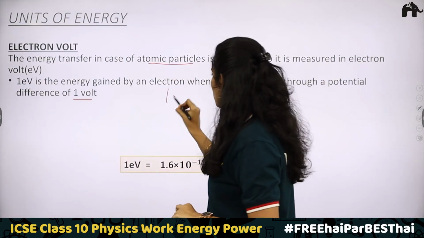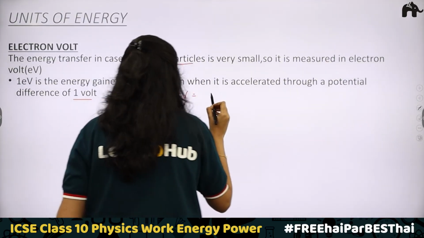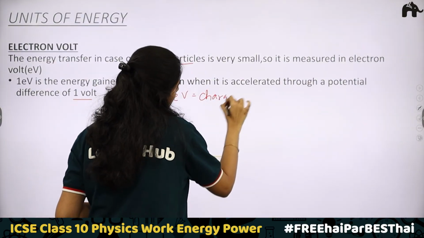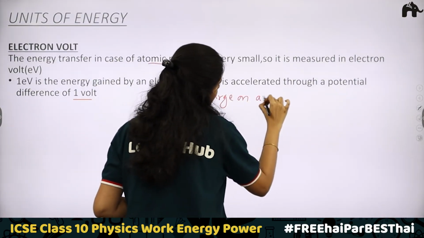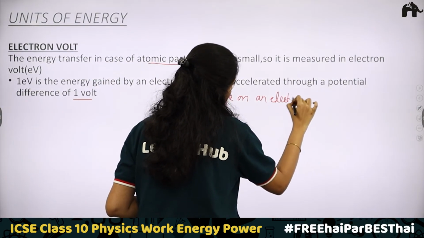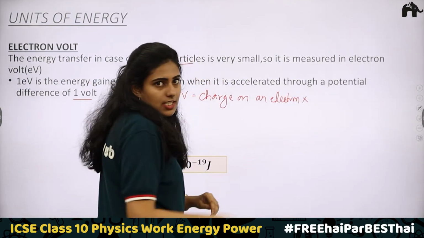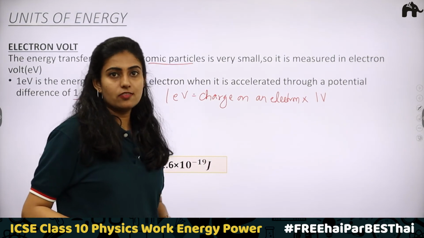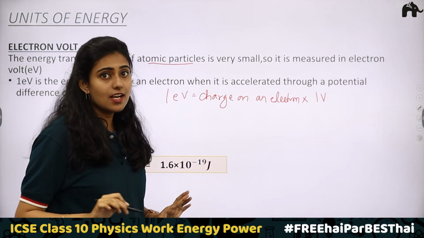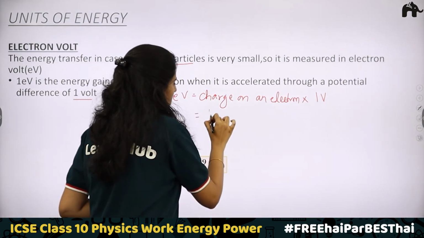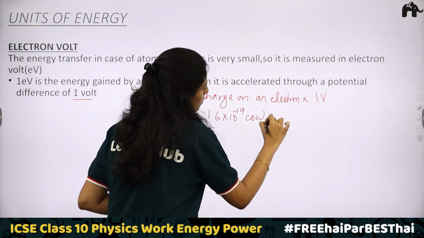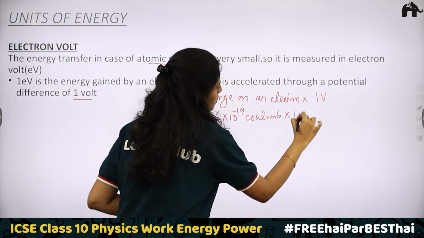1 electron volt is equal to the charge on an electron into the potential difference, that here is 1 volt. What is the charge on an electron? We have studied about electrons. The charge of an electron is 1.6 into 10 raised to minus 19 coulomb, into 1 volt.